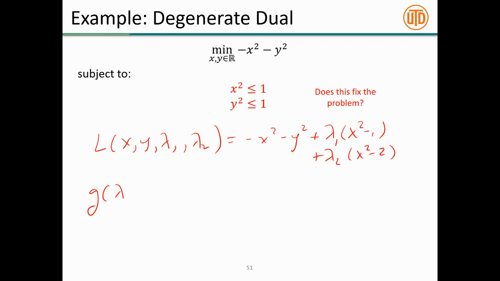And then the dual function is a function of lambda 1 and lambda 2 that I get by computing the infimum of the Lagrangian over x and y for a fixed value of lambda 1 and lambda 2. All right, so what is the dual function in this case? Again, take 2 seconds to think about it, and then I'll ask.